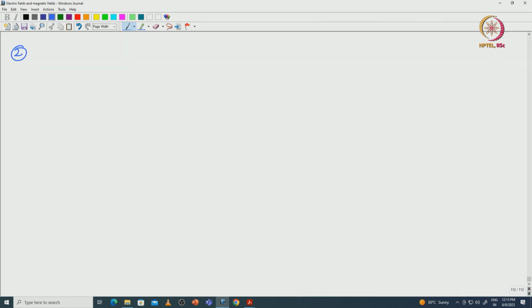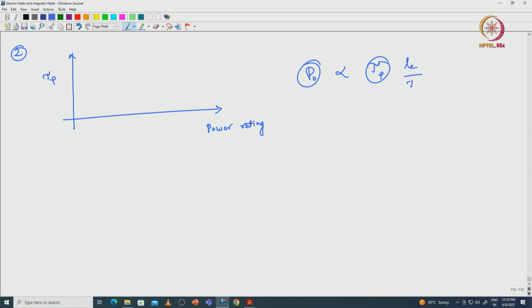And the second approach is the waveform based approach, where the curves are given in terms of pole pitch and power rating. So, we can get the output power equation in terms of pole pitch, that is Le by tau p. Just multiply and divide by the pole pitch, then we can get the power equation and some curves in this manner.